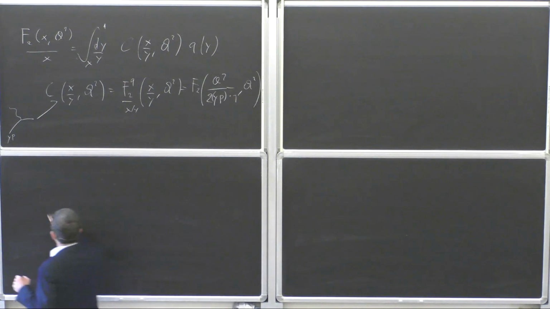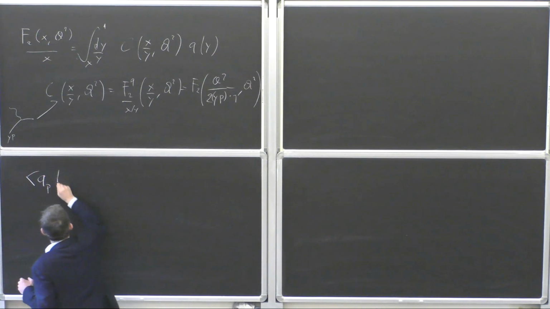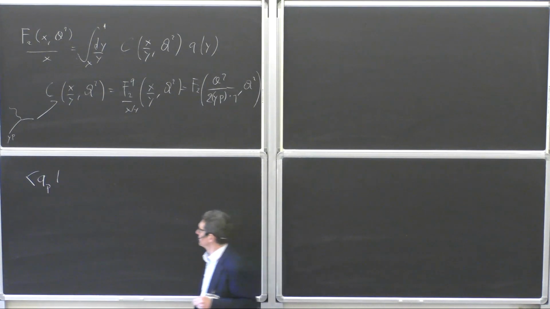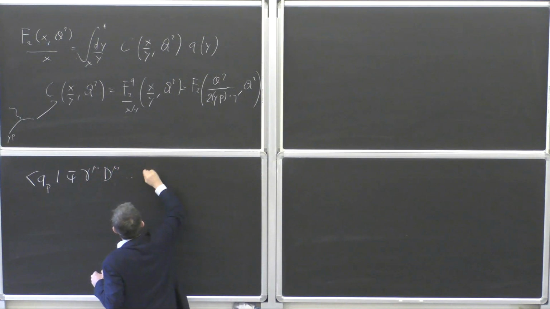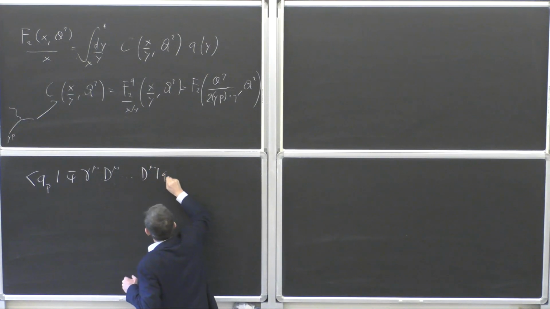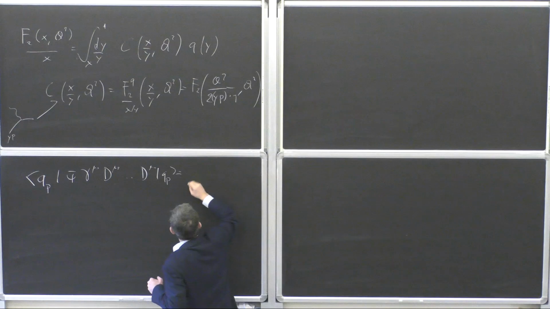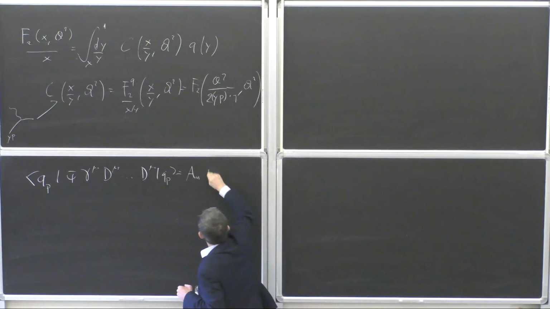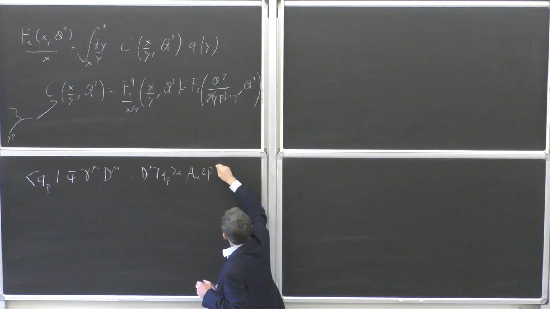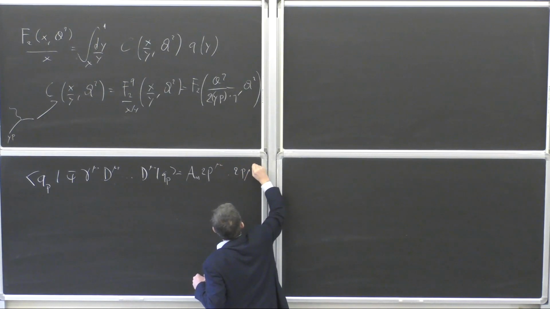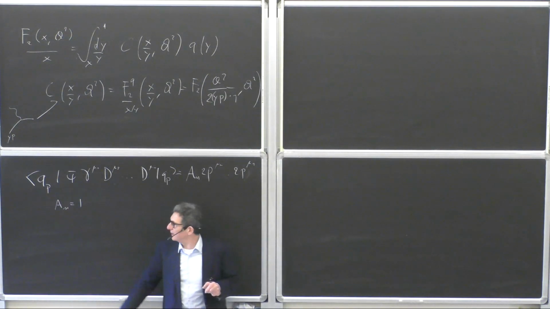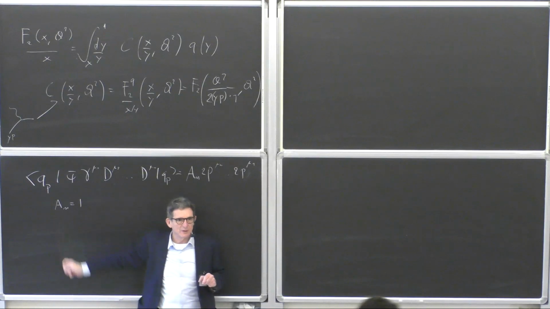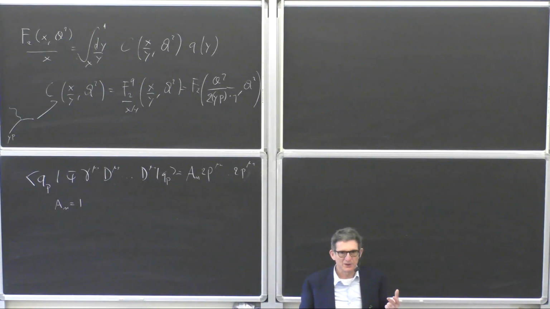So I told you, if I take a free quark state with momentum p and I evaluate my leading twist operators, which you remember are something like psi bar, gamma mu 1, partial derivative d mu 2, d mu n q p, this is just some a_n p, 2p mu 1 ... 2p mu n with all a_n's equal to 1, and you can show that this is the case using the Dirac equation. But you know, come to think about it, we are doing quantum field theory.